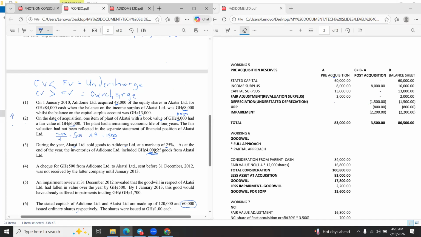That should give you the unrealized profit because markup is computed on what? On cost. Markup is on cost. And margin is on what? Selling price. Now, if I sold goods to him and he also bought the goods, is he not supposed to buy the goods on a margin?